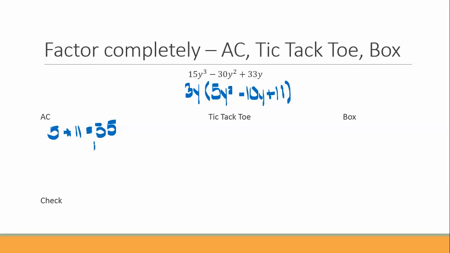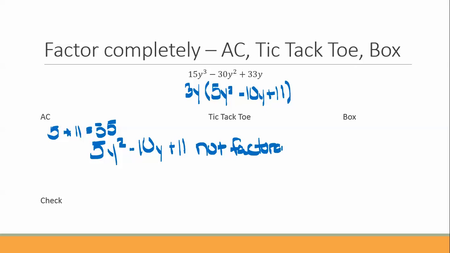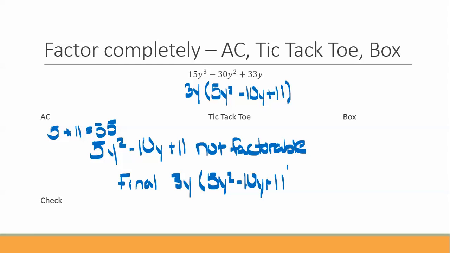So 5y squared minus 10y plus 11 is not factorable. So the only thing that did factor out of this was the 3y. So our final answer is 3y times 5y squared minus 10y plus 11.